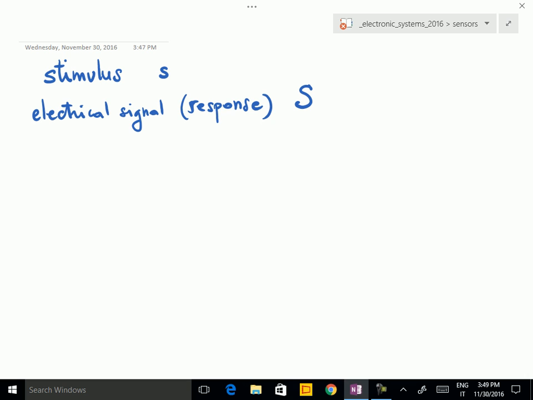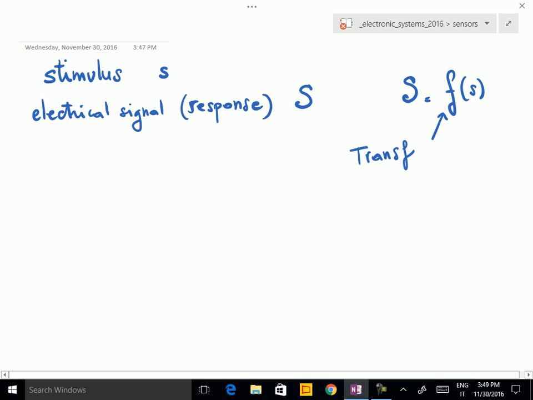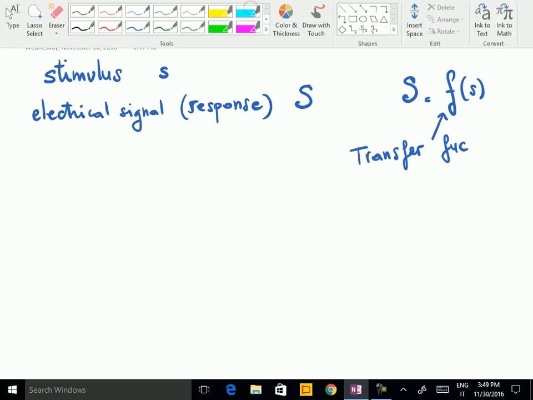Let us call it with a large S. Then of course the large S is a function of the small s. This function is called the transfer function of the sensor.